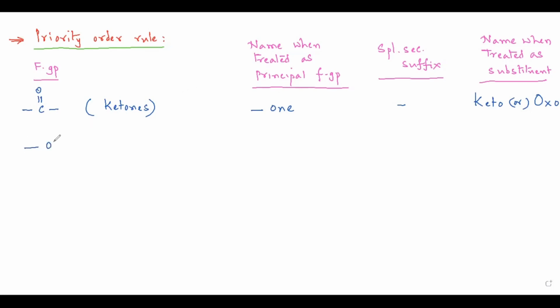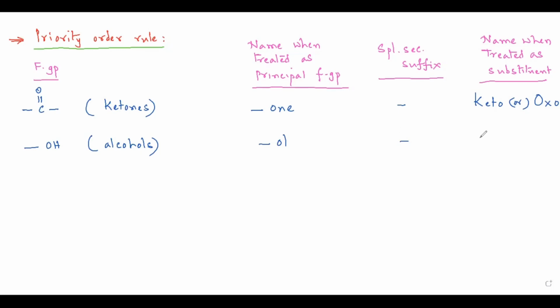After this, I have alcohols with the functional group OH. Name when treated as principal functional group is ol. For aldehydes, it is al. For alcohols, it is ol. No special.